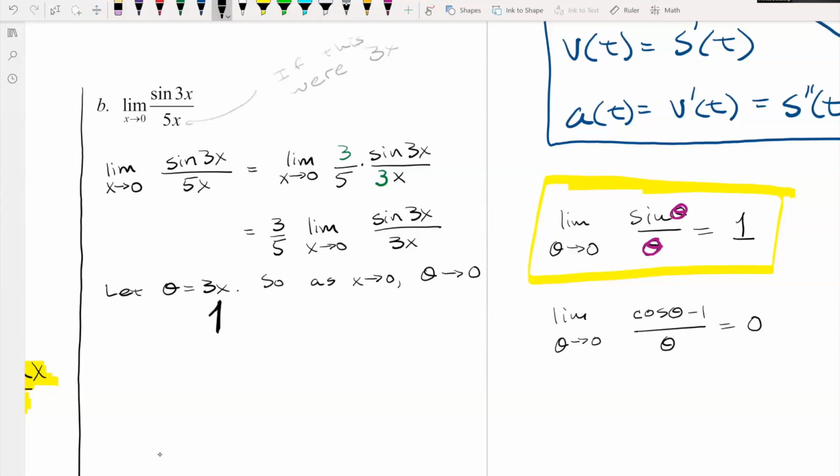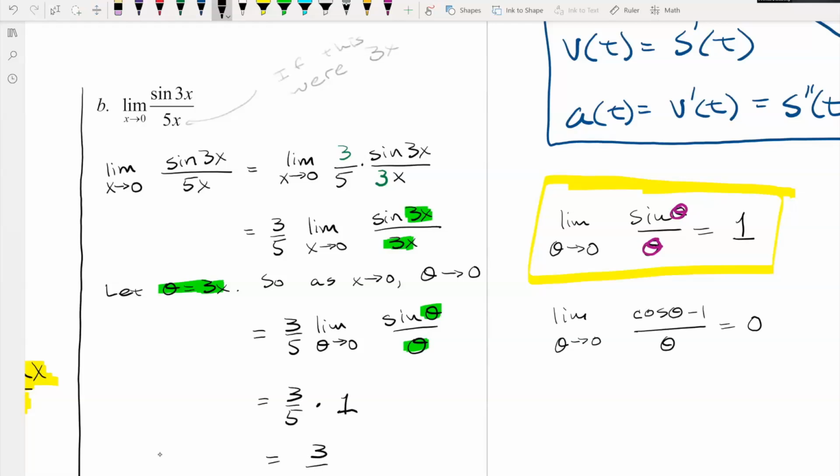If x went to 0, meaning x is getting super, super small, either positive or negative, even if you multiply it by 3, you're still getting close to 0, right? So theta goes to 0. So this is the same as 3/5 the limit as theta goes to 0 of sine theta over theta, because I replaced 3x with theta. And now we have the yellow limit over there, and we'll have 3/5 times 1, which is equal to 3/5.